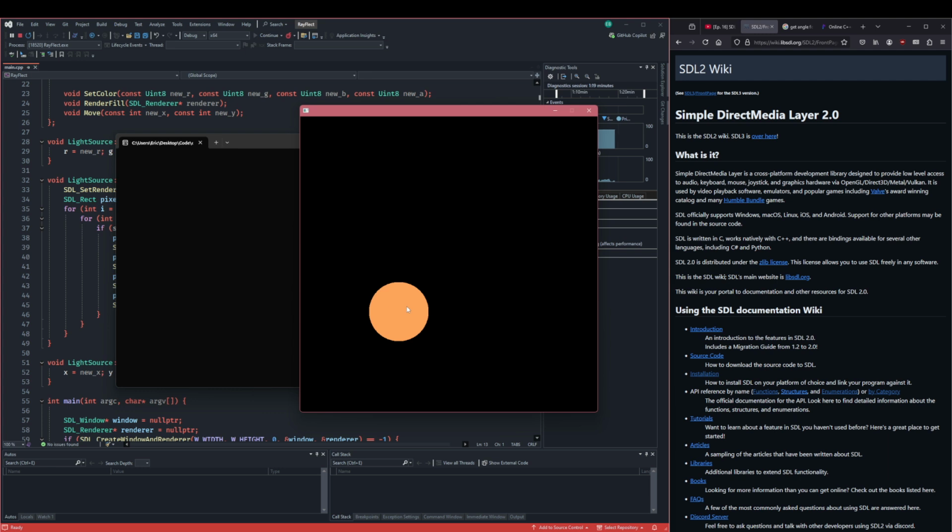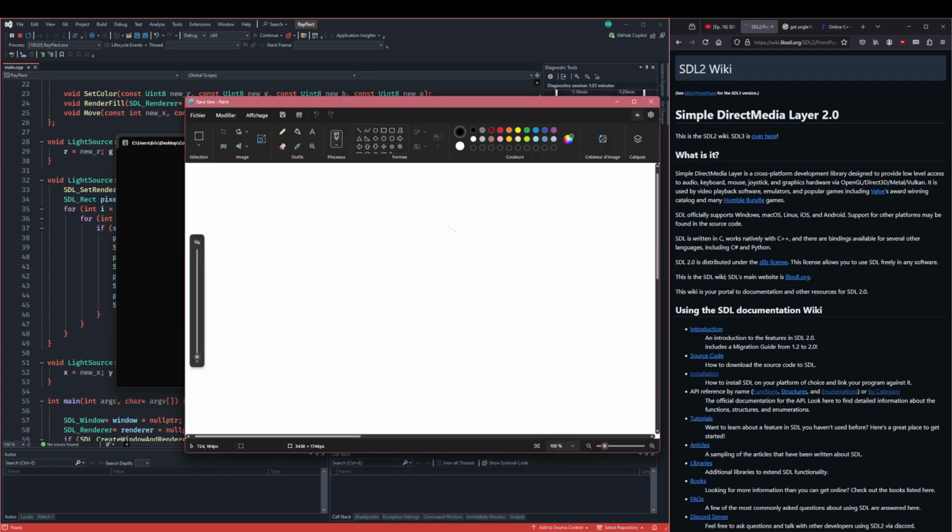So yeah, a ray is basically going to go from, so let's see, paint is our best friend. A ray is going to have 2 points, the center of the disk and a point on the side of the disk, on the perimeter, on the border of the disk.